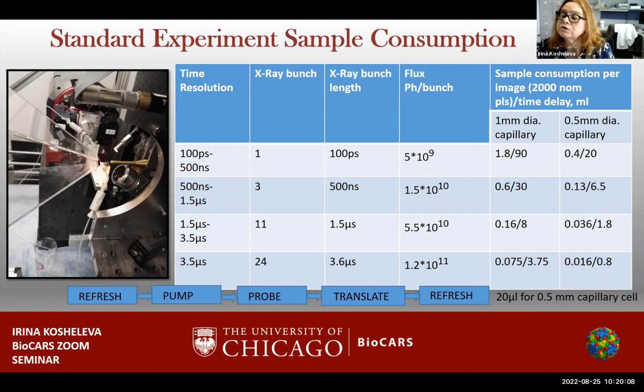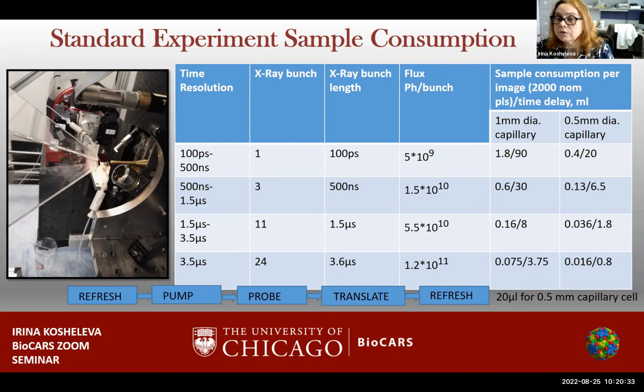And so to collect one data point for a process which would require more than 3.5 microseconds time resolution, we need 0.8 milliliters per time delay, or 20 milliliters per time delay if we cannot reuse the sample. And therefore, that's very important.